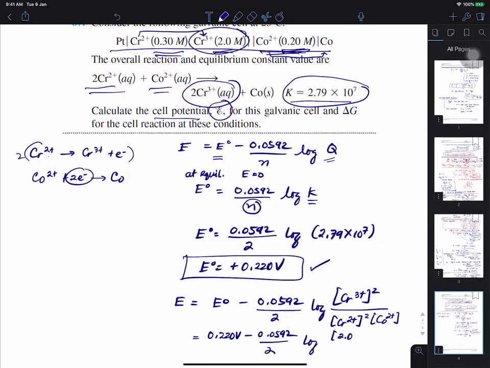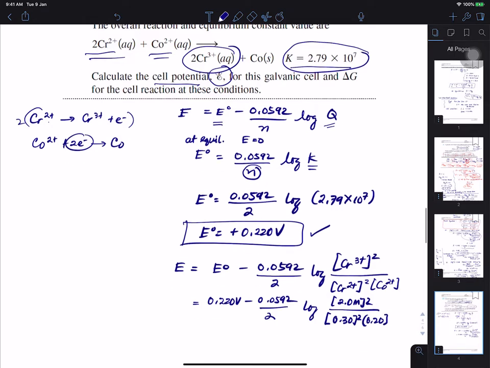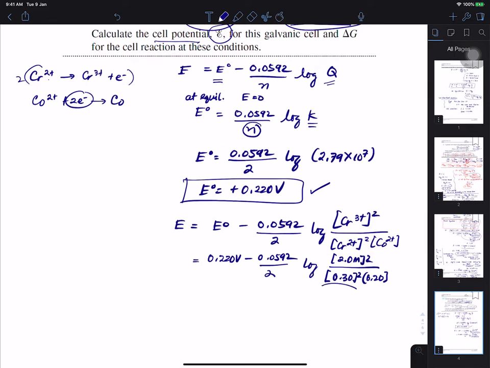So that's 2 molar squared. Chromium 2 plus is 0.3, also squared. Cobalt 2 plus is 0.2. So let's look at the value of Q. How big is our Q? So that's 4 divided by 0.3 squared divided by 0.2. So that's a large value here.